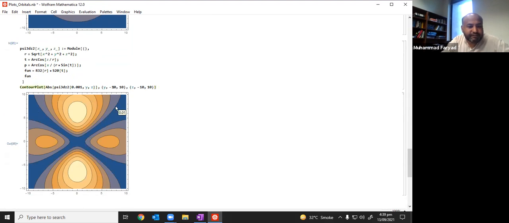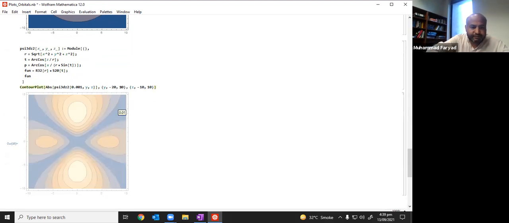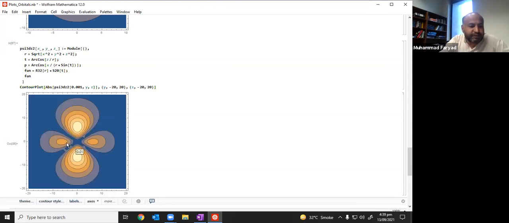Let's increase the graphing area. Okay, so here it is. It has these two big lobes along the z axis, which is vertical, and along the y axis, which is horizontal.